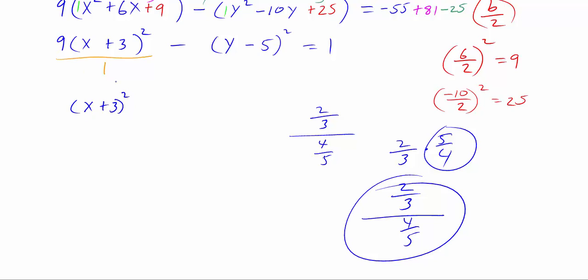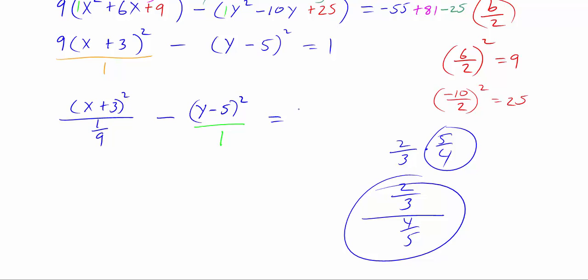Well, 9 is 9 over 1, so the reciprocal would be 1 over 9, and we can put that in the denominator as 1/9. Minus, and over here we just have the y minus 5 squared. And this is understood then to be over 1, and all of this is equal to 1.